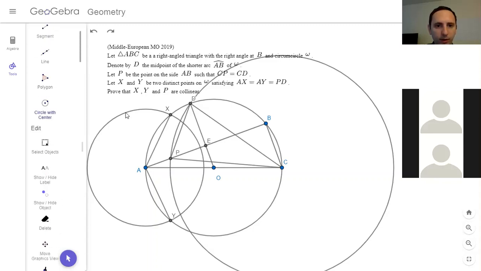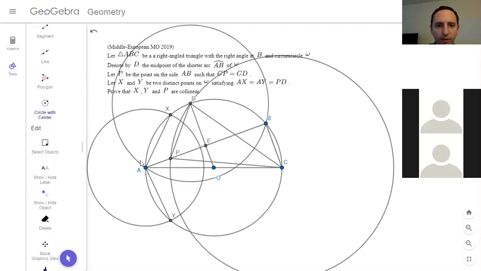Let's see, let me see what happens if I draw this circle. Maybe we could use the radical axis theorem or something. So P would basically be the radical center of those three circles, right?